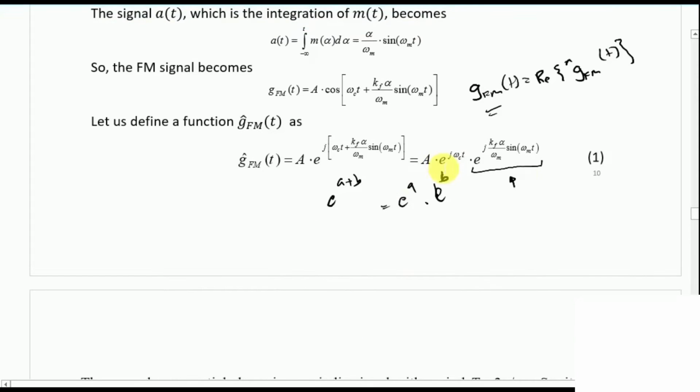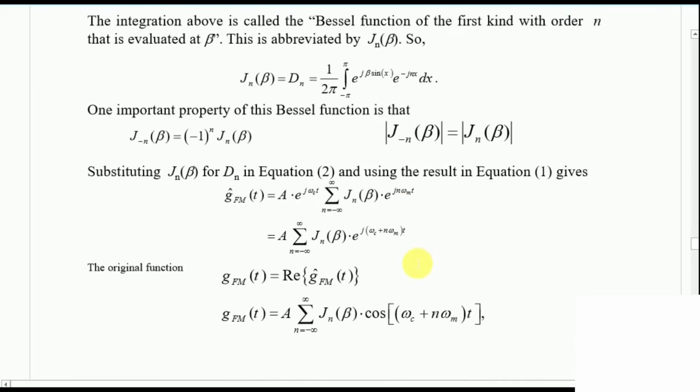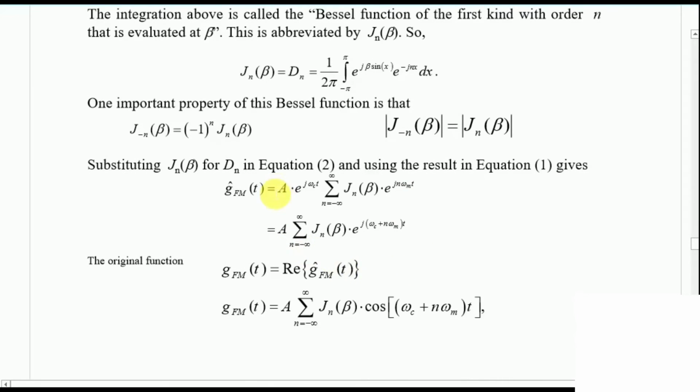So if you put all of this in expression 1, we have exponential of j omega ct, and for this we have a summation, with dn in terms of a Bessel function times e to the j n omega m t. So dn changes to Jn of beta, the Bessel function, times e to the j n omega m t, right?